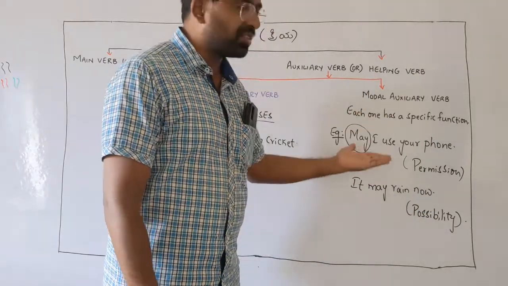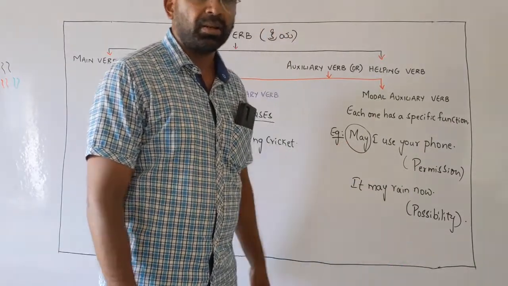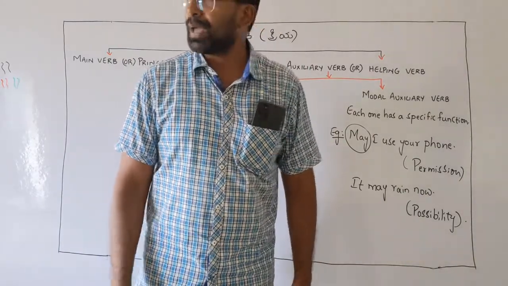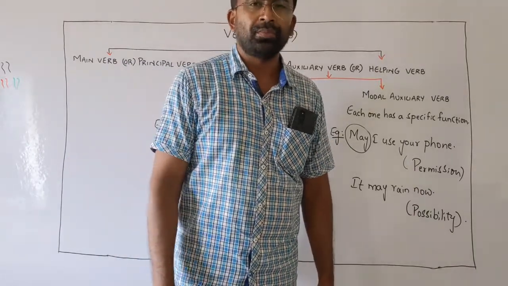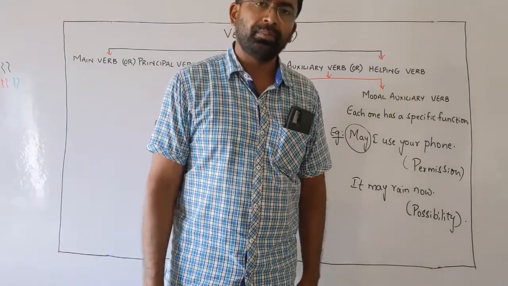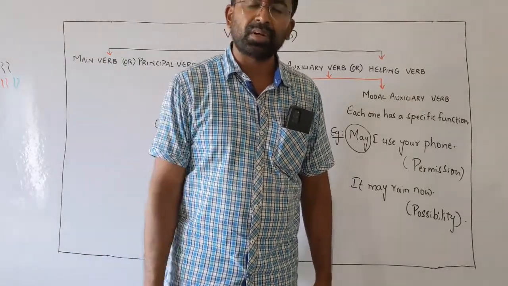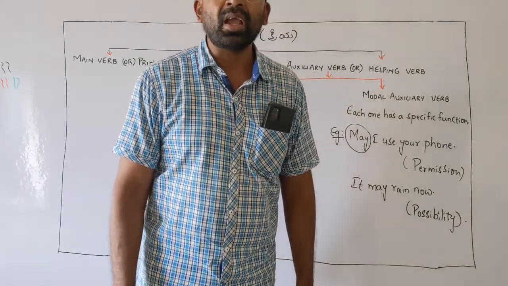Now the second use. The same modal auxiliary verb may is also used to express possibility. For example, I am standing in this classroom. When I peep out of the window, I can see a few scattered clouds, and I feel that it might rain. There is a possibility. So how am I going to express this possibility? I can say, it may rain.